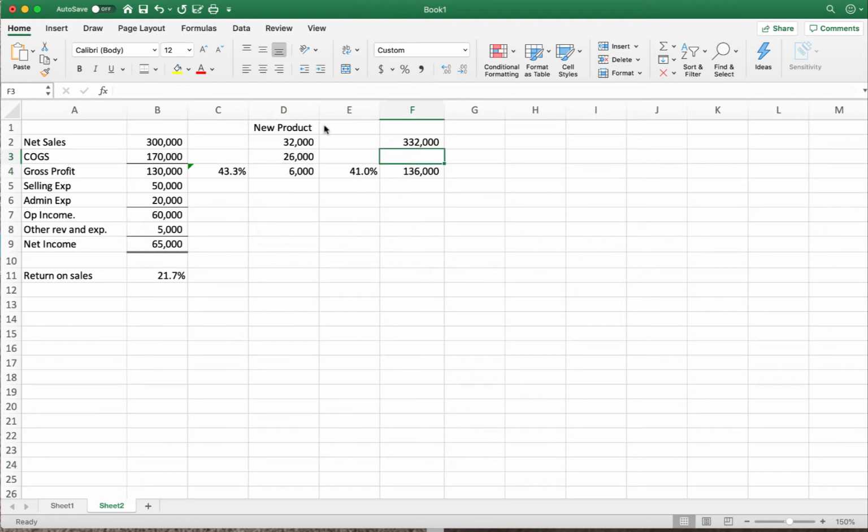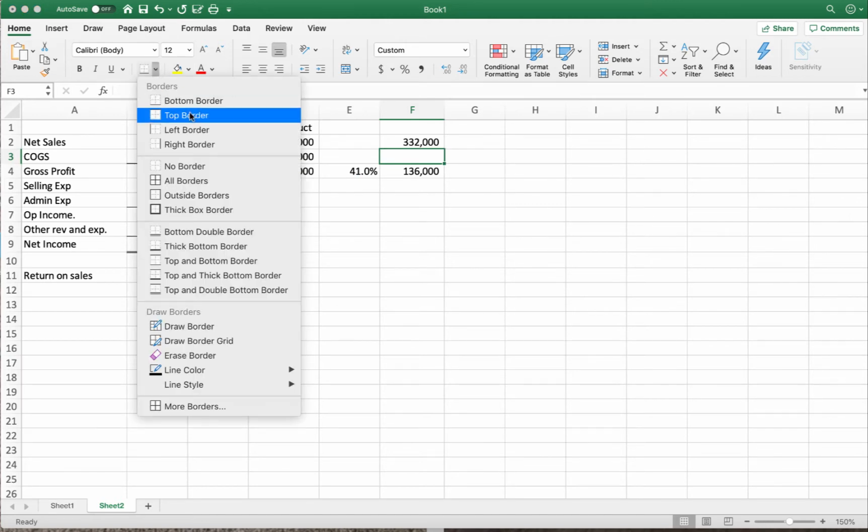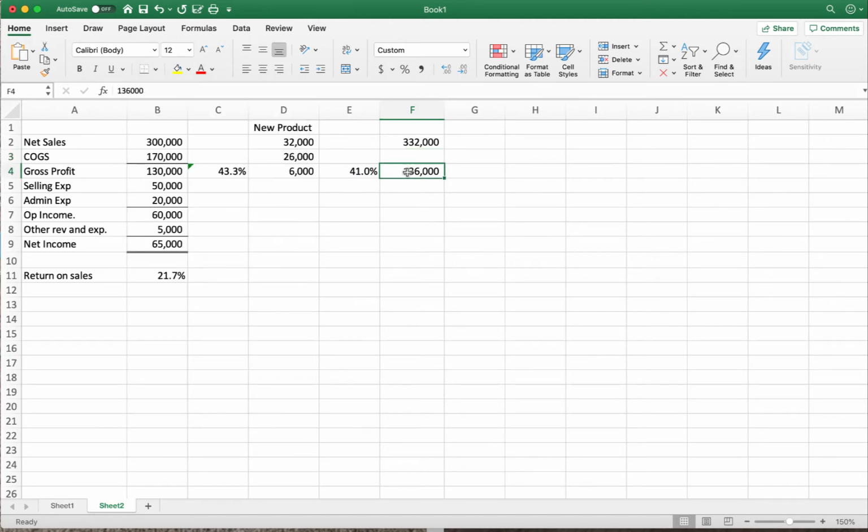We know our gross profit right off the bat, based on this new scenario, is $136,000. Well, my selling cost did not change. Neither did my administrative expenses. Right? Those still remain the same. They didn't tell me they changed in the problem, so we have to assume that they stay the same.